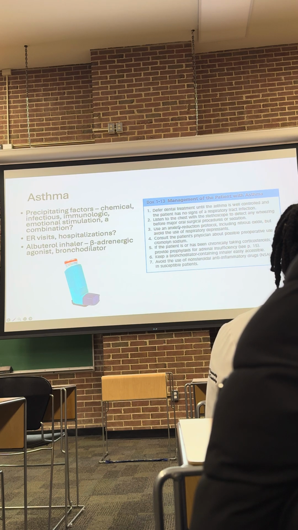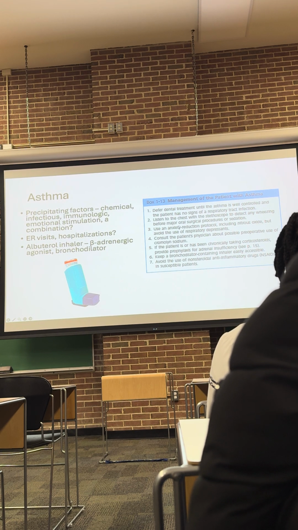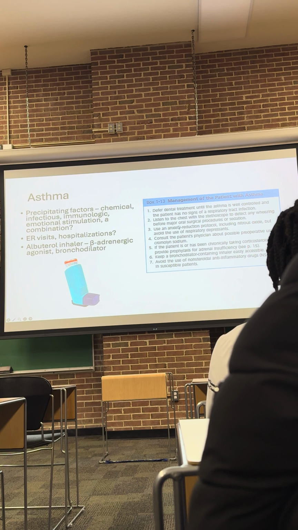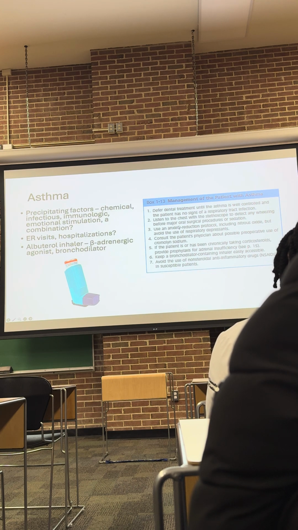And if they're taking steroids, you want to make sure that is managed as well, because sometimes people might be on Tessalon perles or prednisolone because of their asthma, depending on how severe it is. So these are things you want to factor in as well. And you want to avoid the use of NSAIDs in asthmatics, because that can cause bronchoconstriction as well. So ibuprofen is not typically recommended for these types of patients.